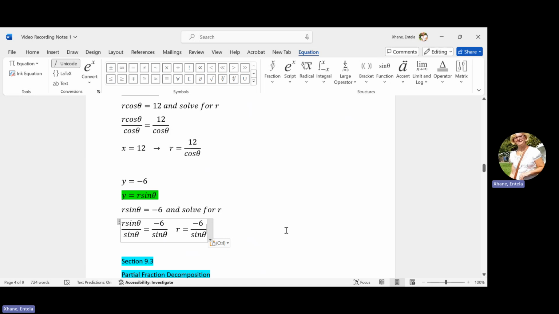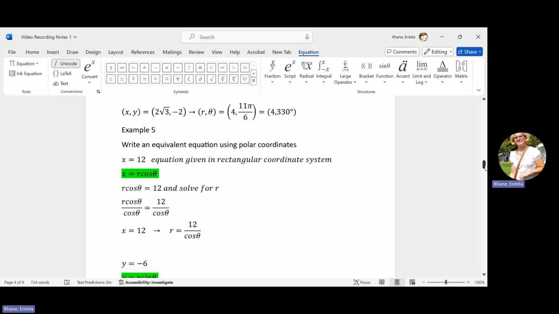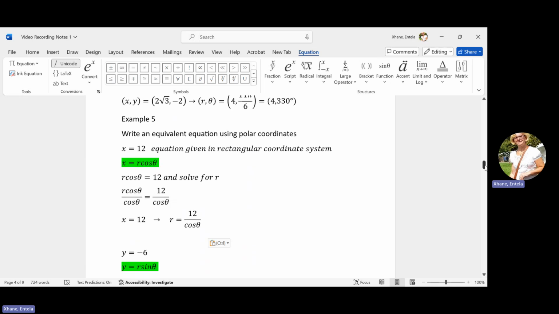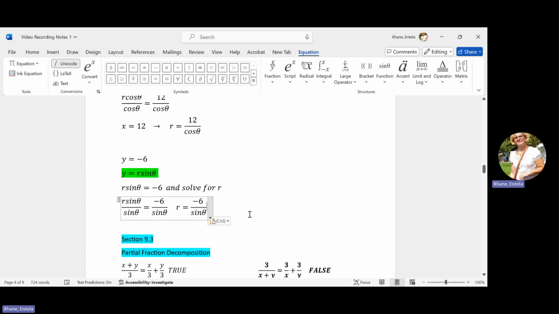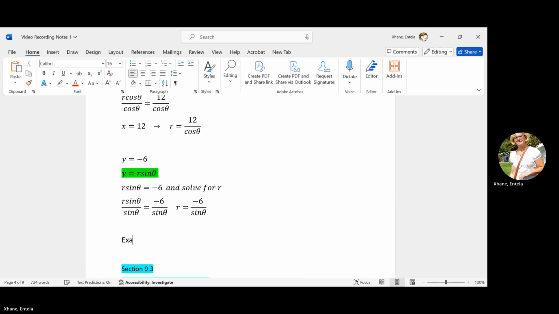Now, let's reverse the direction of conversion. So far, I showed you writing an equation using the rectangular form and then converting it into polar form. Now, in my example number 6, I'm going to reverse the direction.